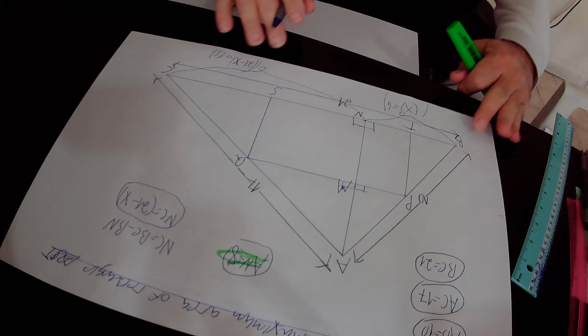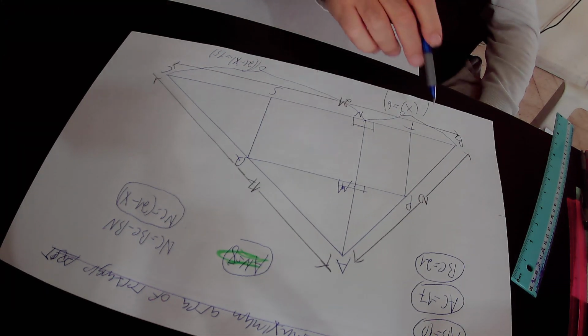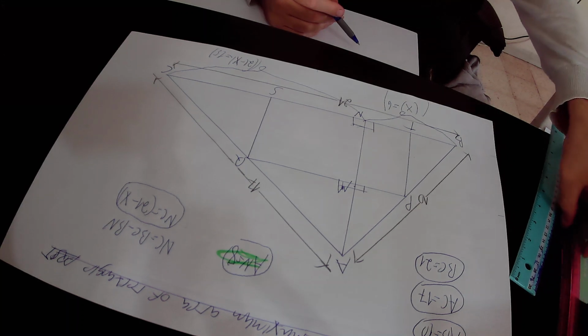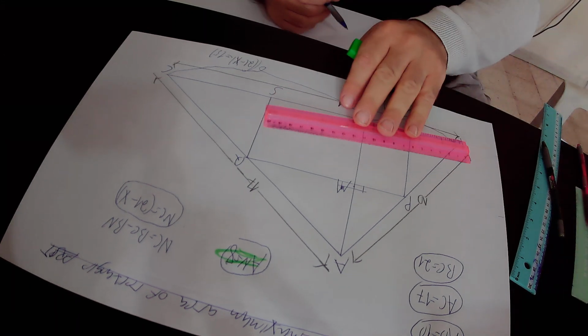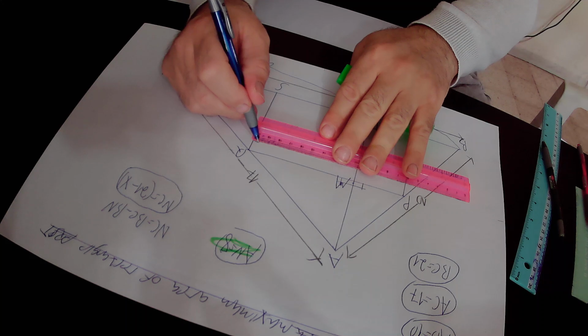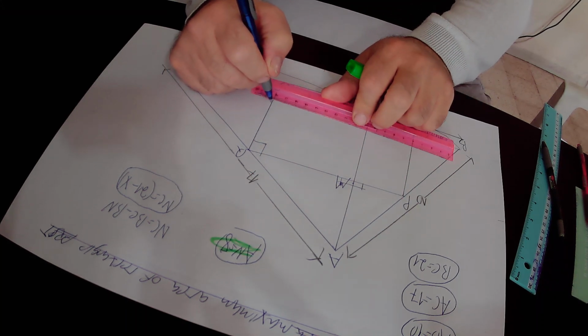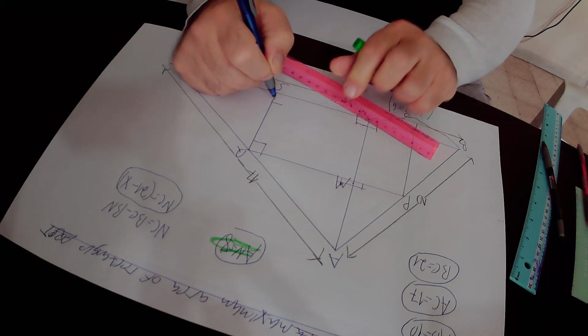It is given in the question that PQST is a rectangle, and we know that all the angles inside the rectangle are right angles. That is to say, this angle equals 90 degrees in size, and this angle also equals 90 degrees in size.